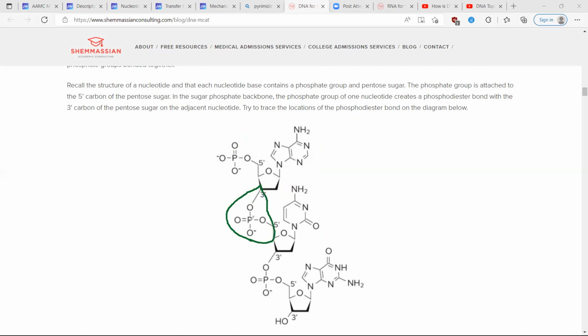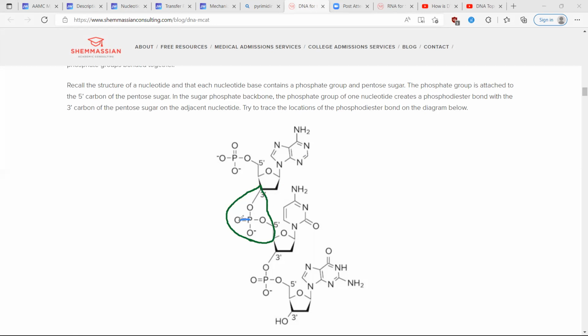So an ester group is like an R in the middle, an O and an O connecting to an R. Just a little bit of organic chemistry, right? So that's an ester group. This is a phosphoester because it's a phosphate in the center connecting to an O, an O, and an R, in this case, a carbon. Now, this is a diester because we actually have that connection going two ways.